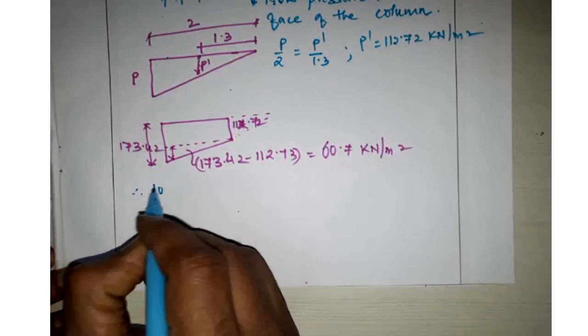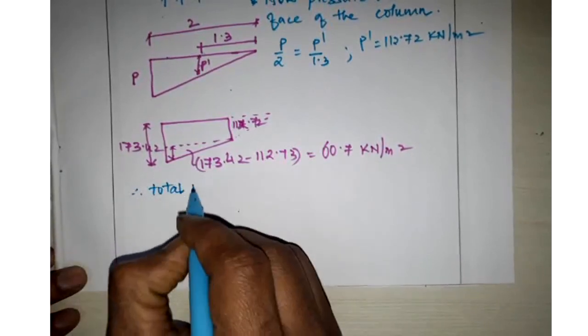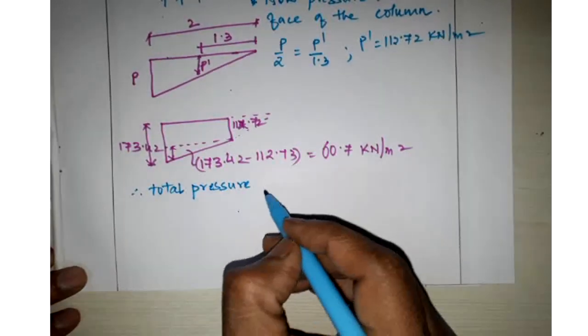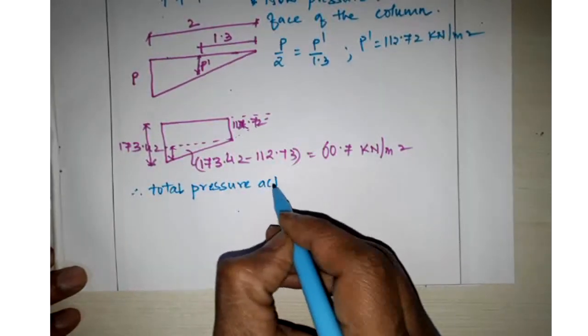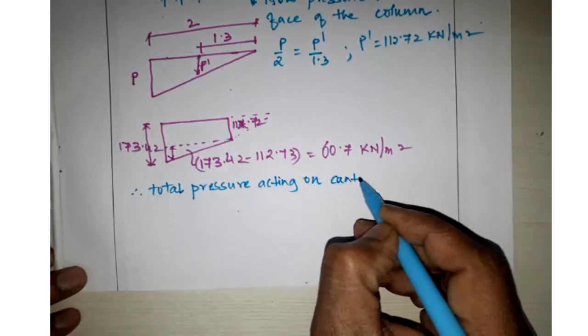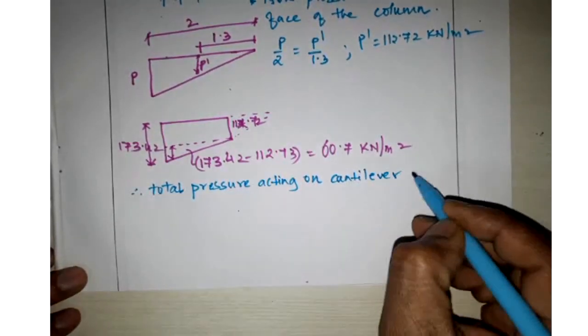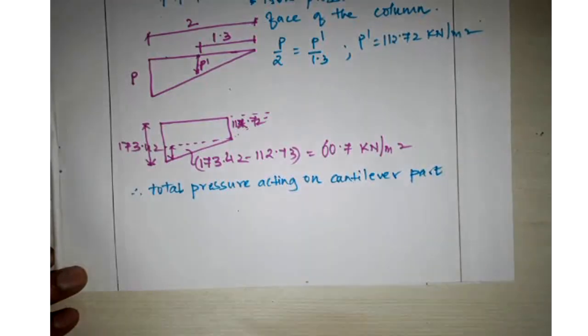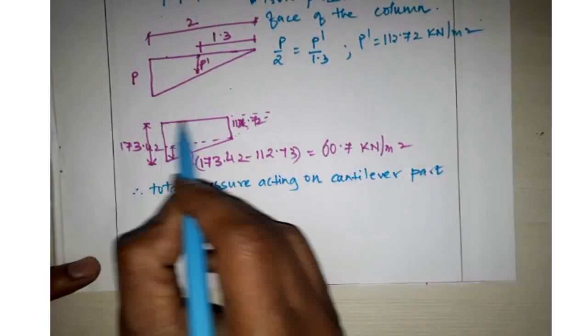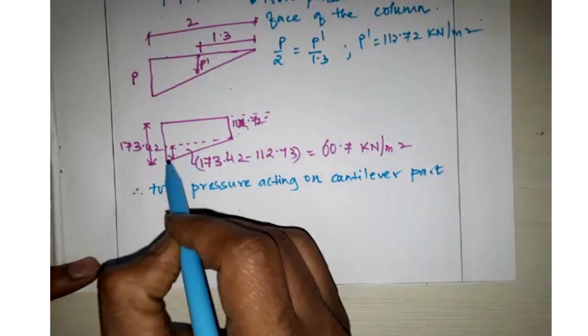So the total pressure acting on cantilever part or cantilever portion. So this you have to refer. So one is rectangle, one more is triangle.